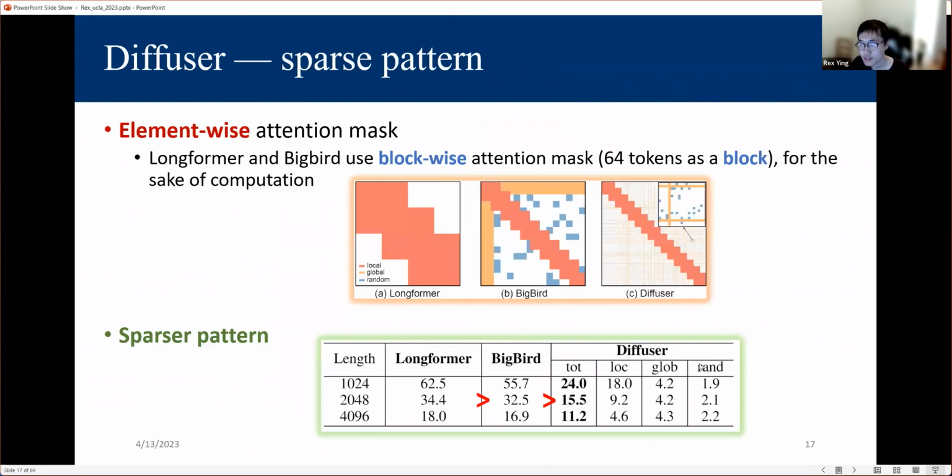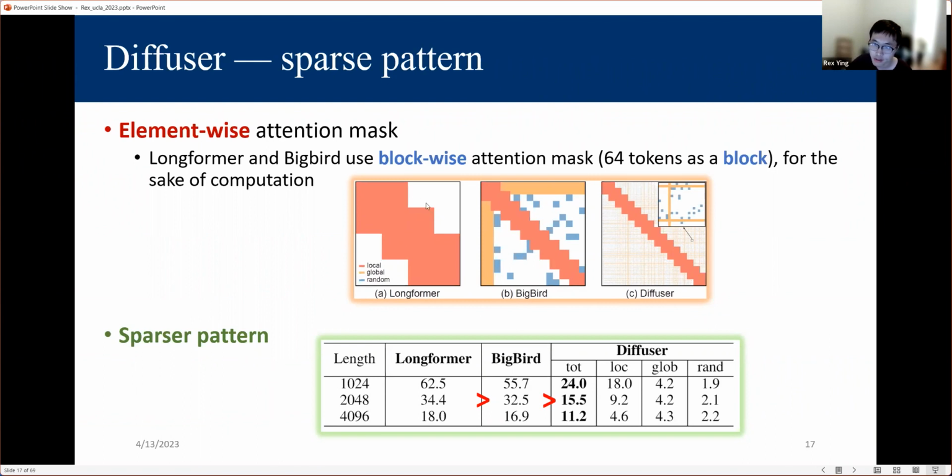Okay, so here is a comparison of the sparse pattern we designed and how it contrasts with the two previous sparse transformers that I mentioned, for example, Longformer and Big Bird. As you can see, because we have the diffusion process, we are not worried about it being too sparse. We can make it really sparse because after diffusion, we get attention from every other token anyway.